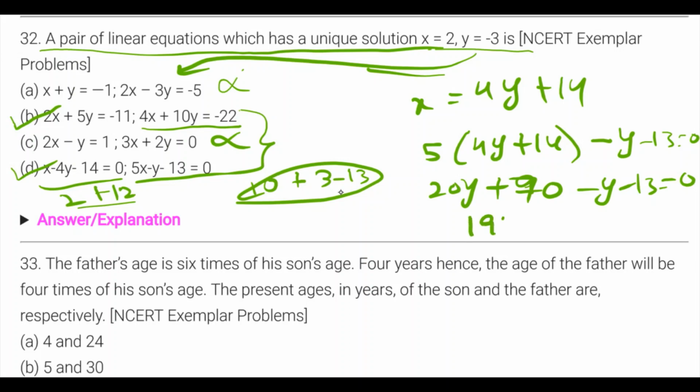This is 19y plus 70 minus 13 is 57 equals 0. So y equals minus 3, and in that sense x equals 2. So option D is the correct answer.